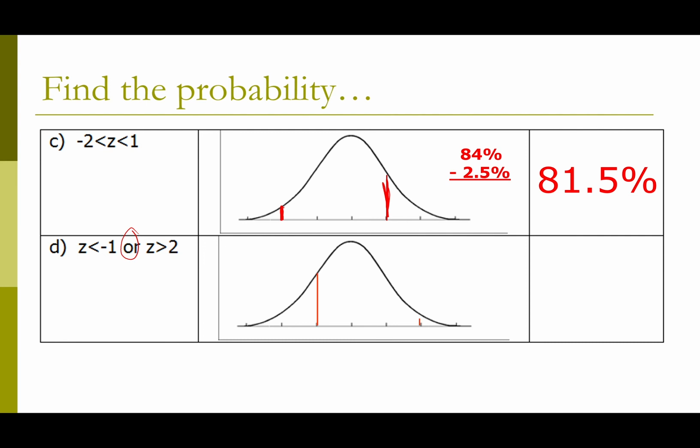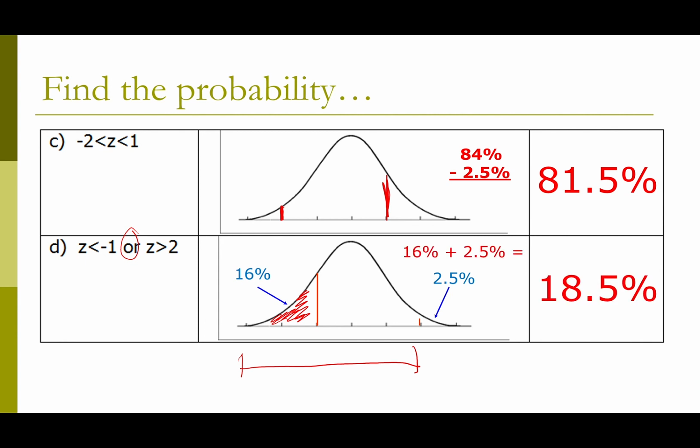So a z-score of -1, we said percentile is going to be 16. Then above 2, we found in a step earlier was 2.5. Once again, we did that by finding the percentile, this whole thing, and subtracting that from 100 to get 2.5. And then I add those together to get 18.5.